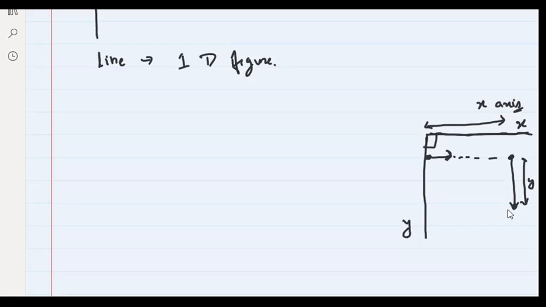Only x-axis, only y-axis, or both axes? Both. Very good. So what is axis? Axis is the direction.